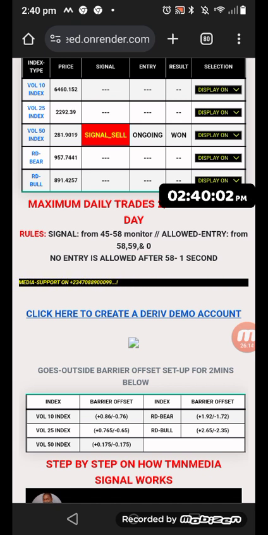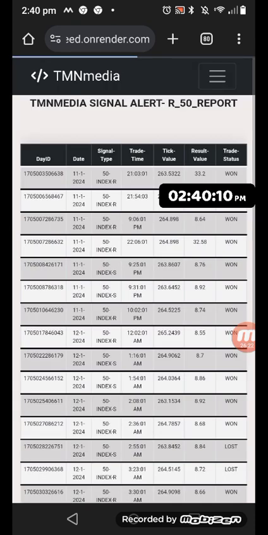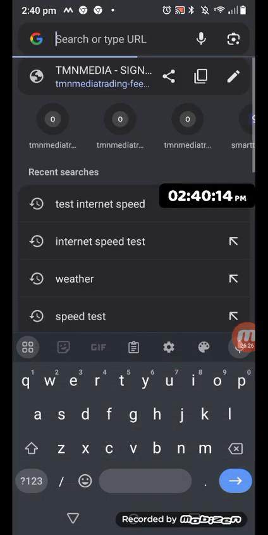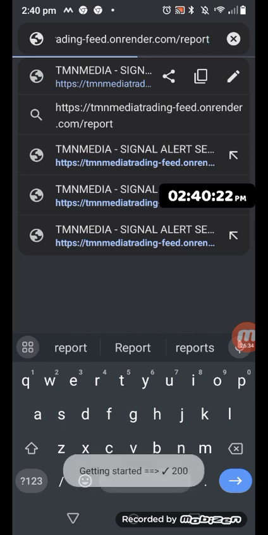It was won 1 minute ago. Now you get to see all the trades, all the signals. All you need to do is go to my website and slash report 10, report 25, RDB bull, RDB bear. You get to see all the signals.